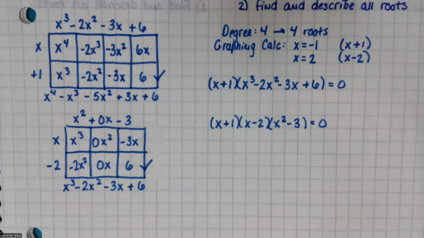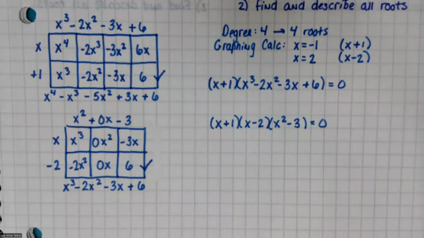Now technically, I should check to see if I could diamond and box this piece, but I already know I can't because there's no middle term there and it's not a perfect square. So that is factored form and that is all the way factored. Not actually done, but the factoring is done.